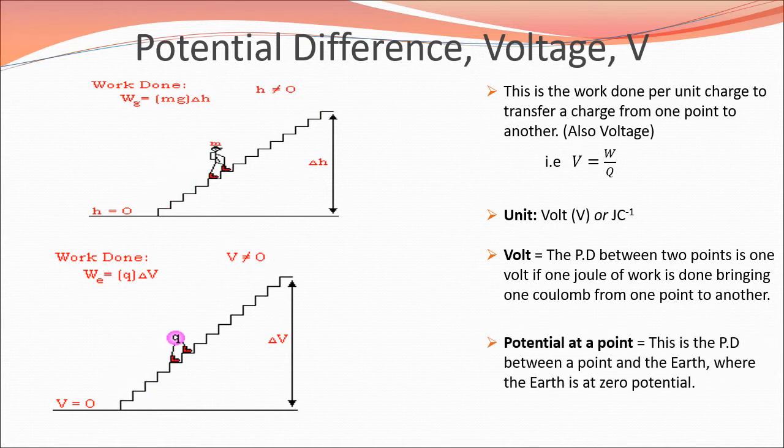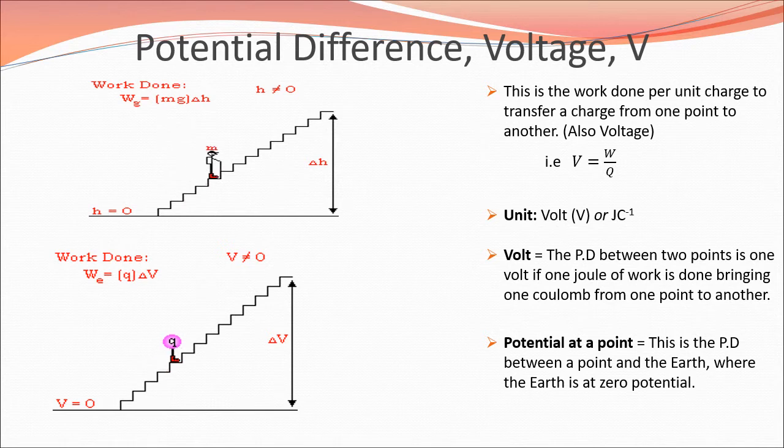If we think about our circuit, we can measure the electric potential at a particular point in our circuit. Say we had a circuit with a light bulb in it, the potential at a point within our circuit would be the potential difference between that point in the circuit and the earth. So the earth is considered to have zero potential.